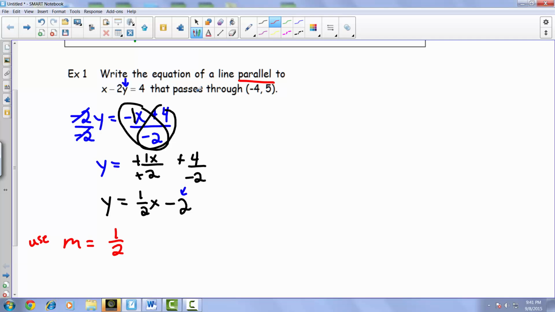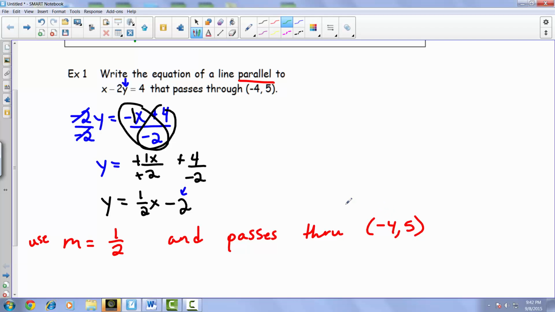It also says that we're trying to write an equation of a line that passes through this other point, -4, 5. So we have a slope, and it also passes through this point. Well, how can we write an equation of a line that would satisfy those conditions?